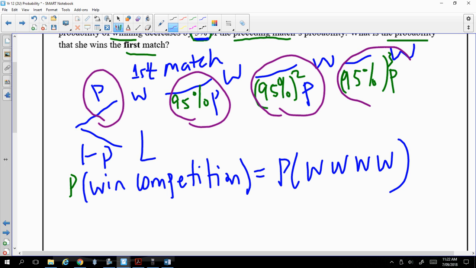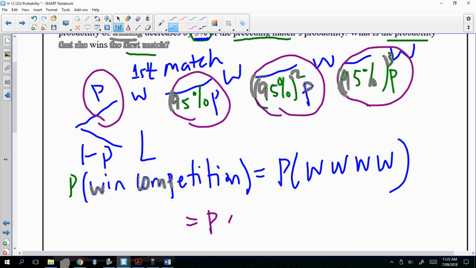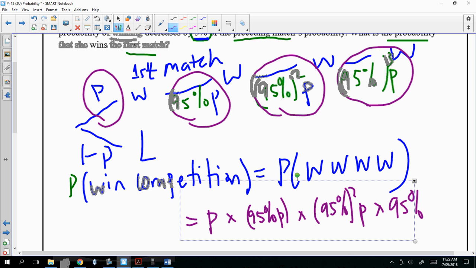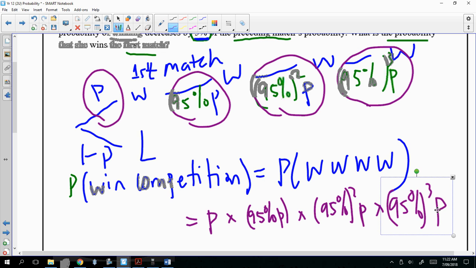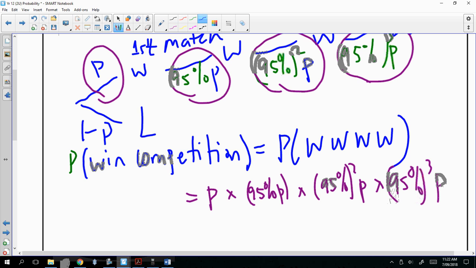So that equals P multiplied by 95% of P times 95% squared of P times 95% cubed of P. And then you times them all together, what do you get? You get 95% to the power of 6, right? Because it's 1 plus 2 plus 3, you get 6. P to the power of 4.